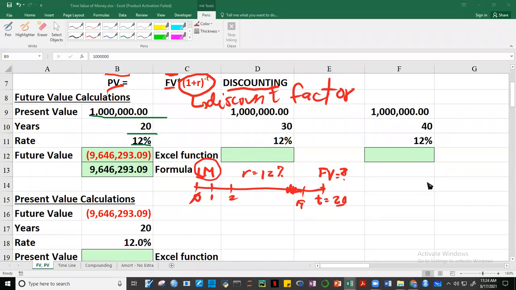Ibig sabihin, magbabayad tayo ng 9.6 million. So pag nag-loan tayo ng 1 million now, tapos nag-agree tayo na it's payable in 20 years at 12% interest, at the end of 20 years, guys, we will have to pay 9646293.